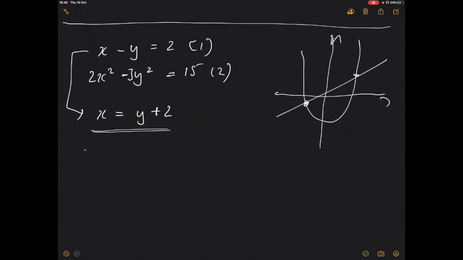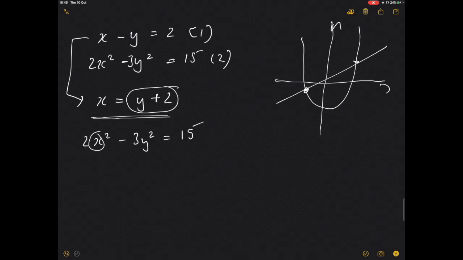And we have on the bottom 2x squared minus 3y squared equals 15. So with this x value, we could substitute this in. So we say that 2 times (y plus 2) squared minus 3y squared equals 15.